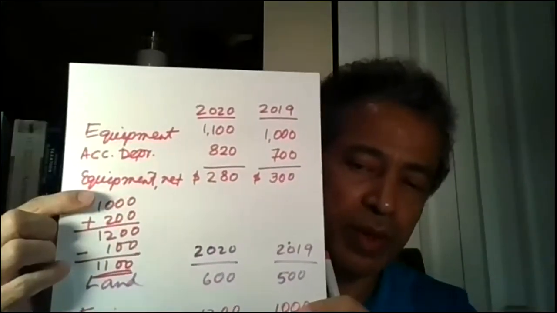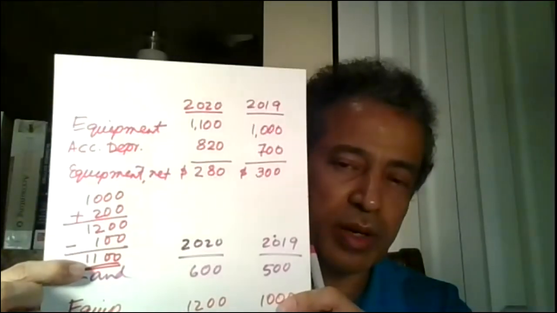But the real story is that it was 1,000 plus 200, making it 1,200, minus 100, making it $1,100. So that's how the book value changed from 1,000 to $1,100. But the accumulated depreciation changed in a different way. $700 was the beginning balance, plus 200 makes it 900, minus 80 makes it $820.